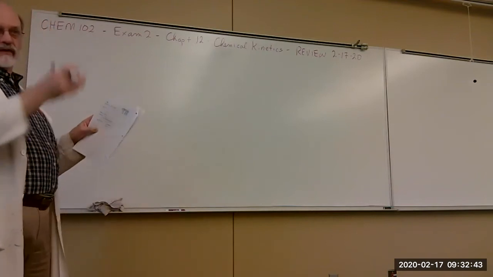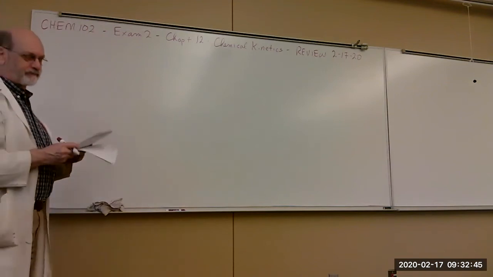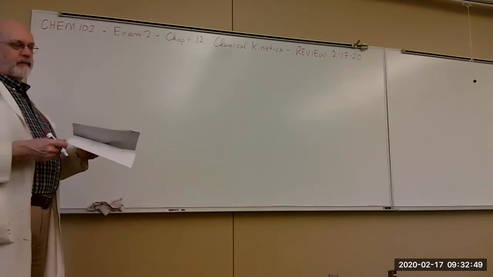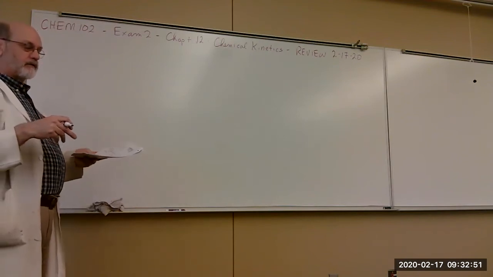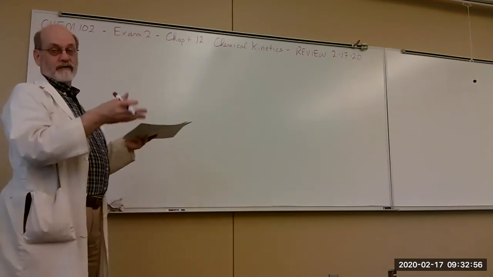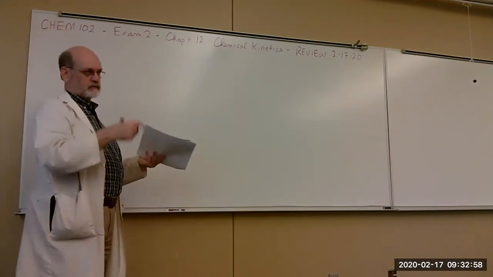Right? So it's the one that's got the straight line, correct? And then I might ask you a question about half-life. And then you would need to know that, for a first order reaction, half-life is equal to 0.693 over K.